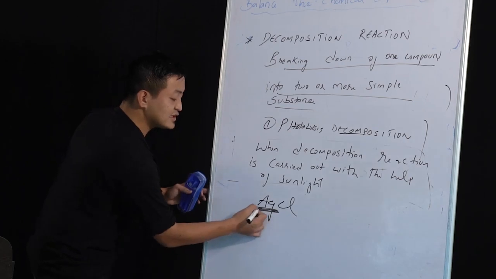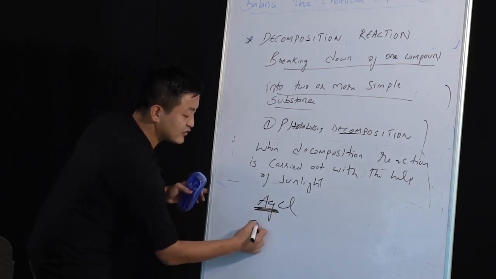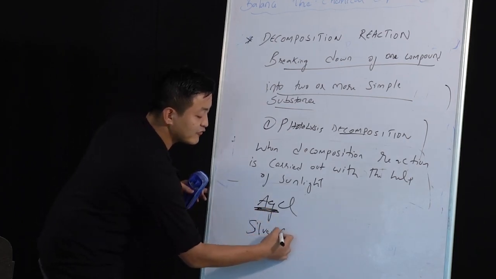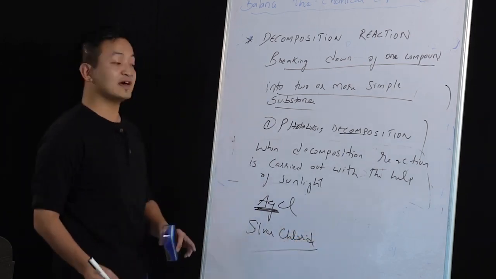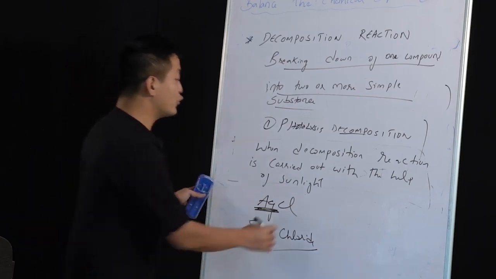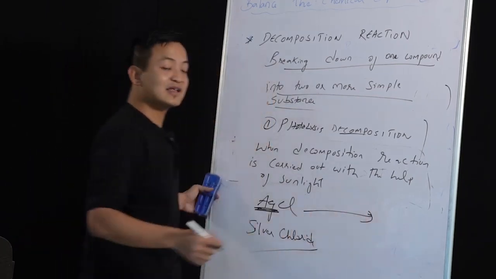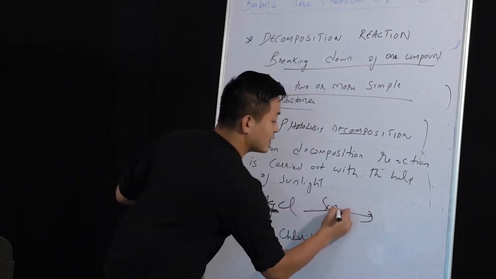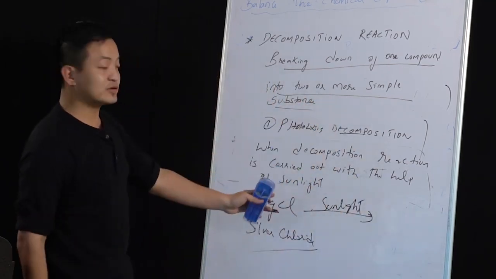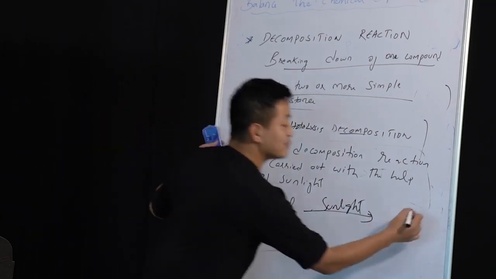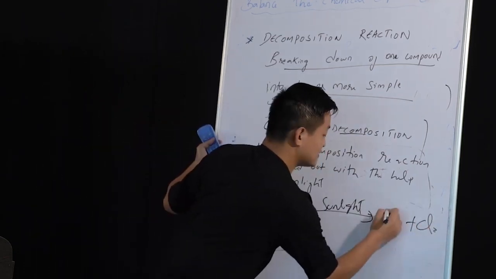Ag is the chemical formula for silver. And here we have silver chloride, AgCl. When we just keep AgCl in sunlight, what will we notice? This Cl breaks.